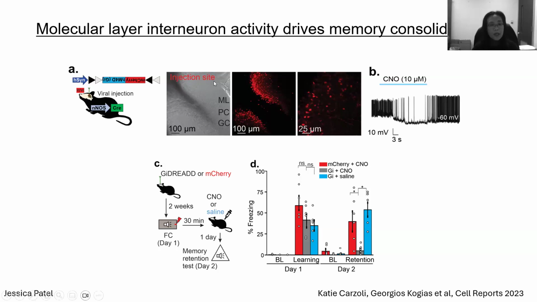consolidation problems. So here she will use NOS-1 mice, NOS being nitric oxide synthase, since in the adult it's only expressed in the molecular layer interneurons within the cerebellum.